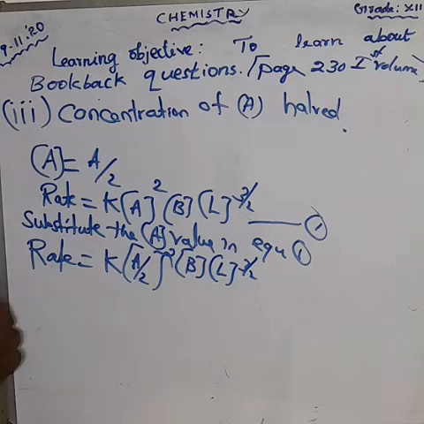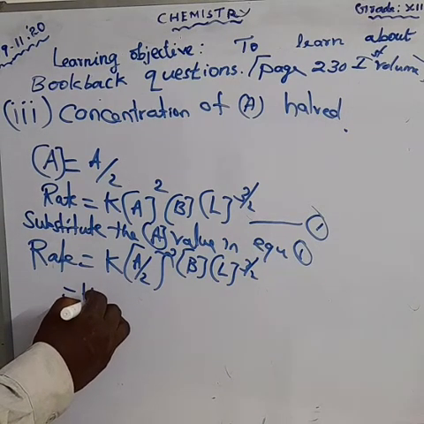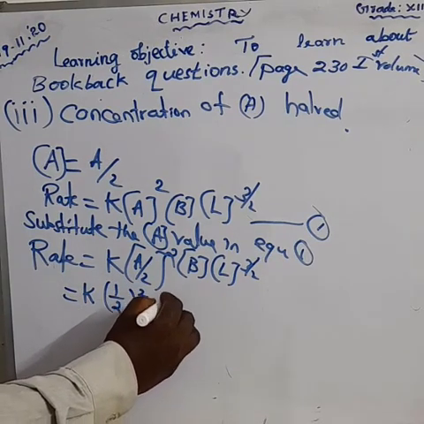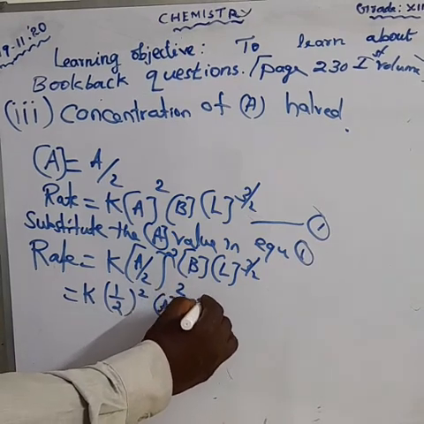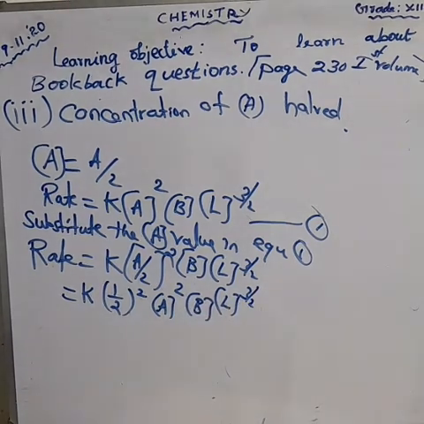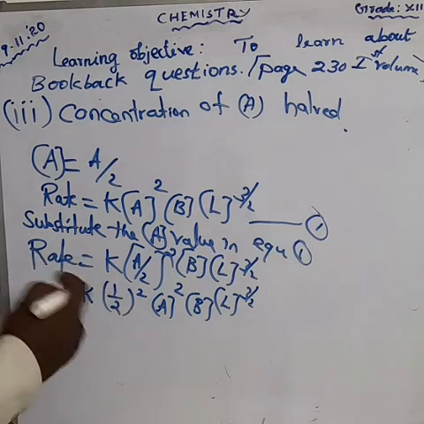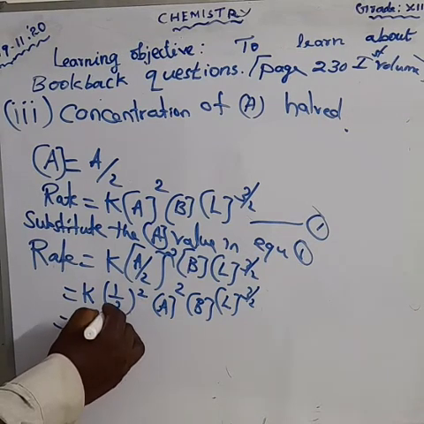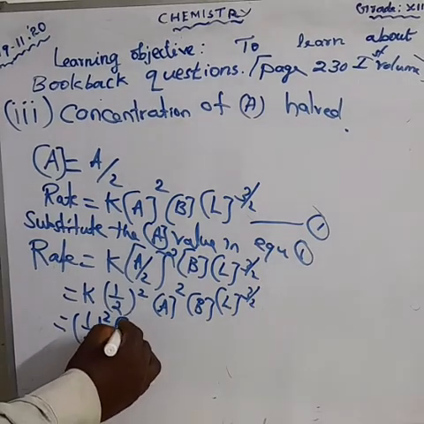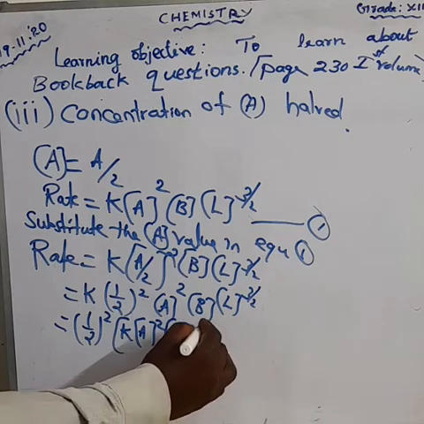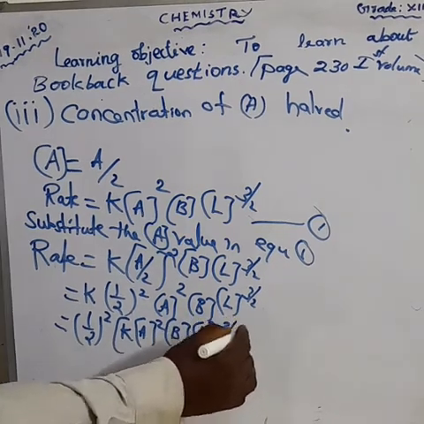So we can write it as K into 1 by 2 the whole square A square B L 3 by 2. Clear? This can be written like that. Okay? Then that is equal to, half square I am taking outside. So 1 by 2 the whole square K A square B L 3 by 2.